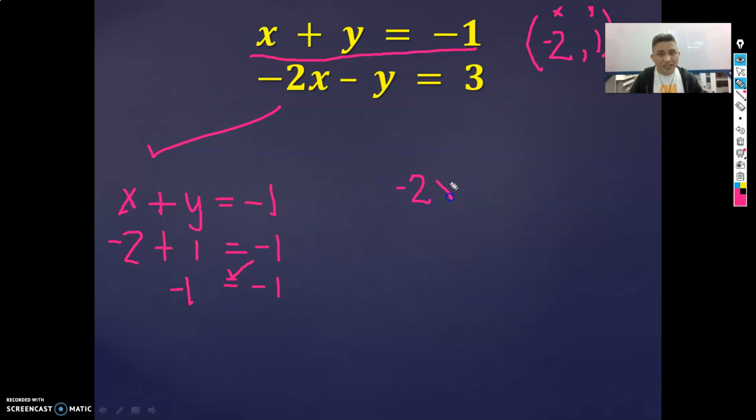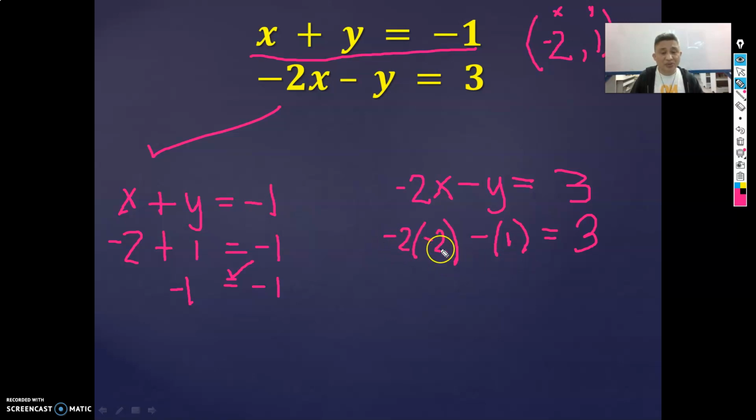Okay, sulat natin ulit. Negative 2x minus y equals positive 3. Then, substitute the value of x, negative 2 times, sa x natin is negative 2 din, minus, tapos ang y natin is positive 1, lagyan natin parenthesis, positive 1 equals 3. Okay, so mahalaga yung paglalagay natin ng parenthesis so that hindi tayo magkakabali ng mga signs.